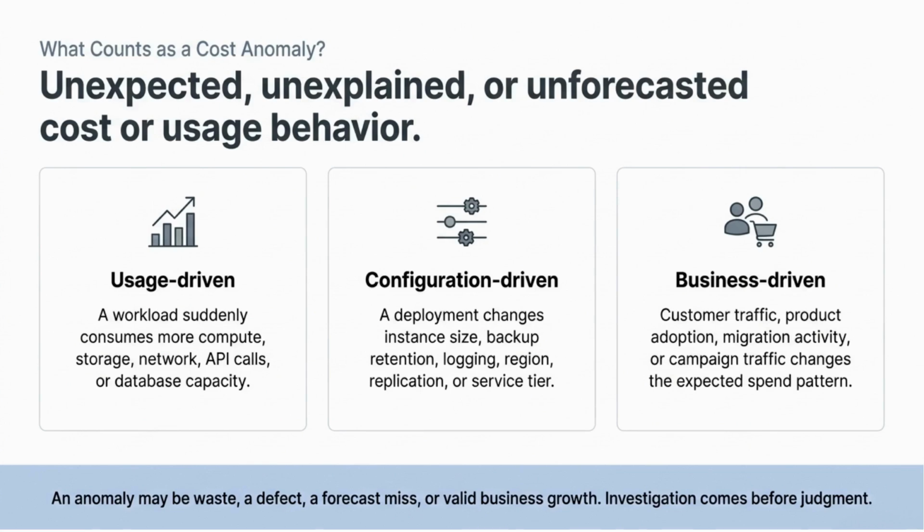Configuration-driven anomalies happen when a deployment changes settings, such as instance size, backup retention, logging level, region, replication, or service tier. Business-driven changes happen when traffic, customer adoption, marketing campaigns, migration activity, or product launches change expected usage.